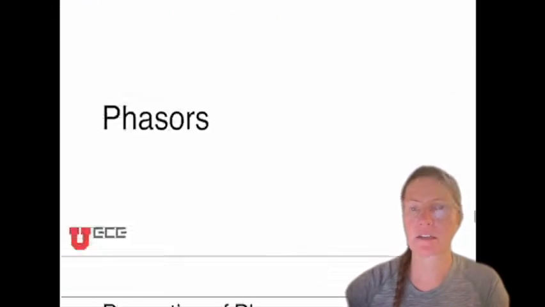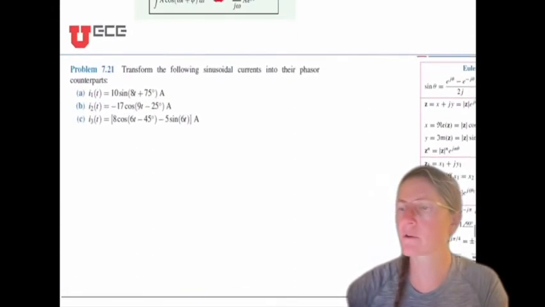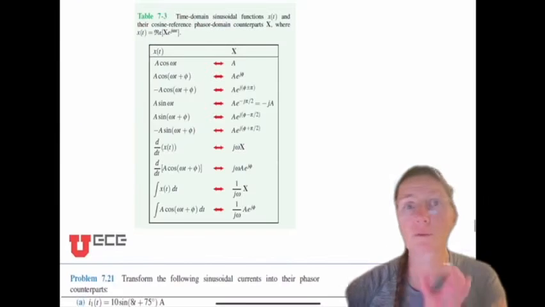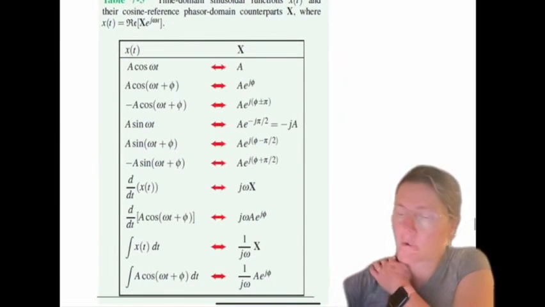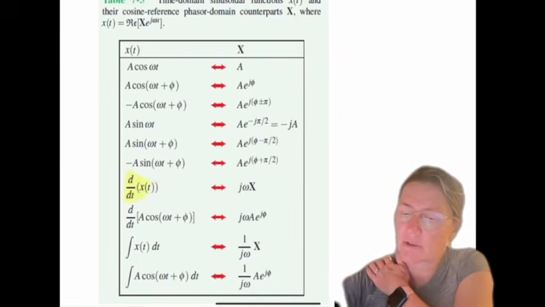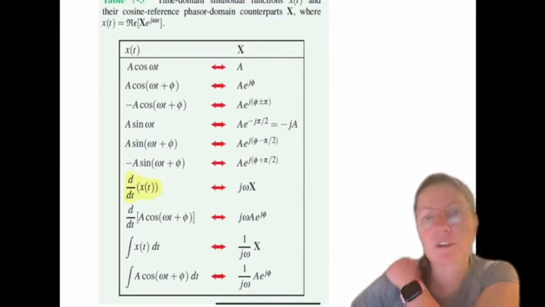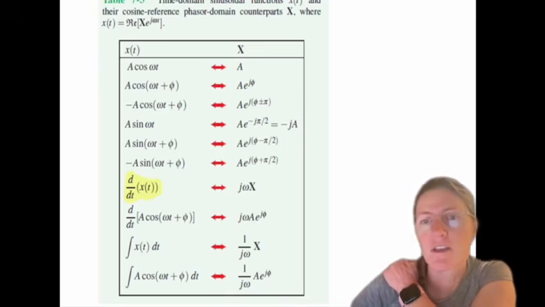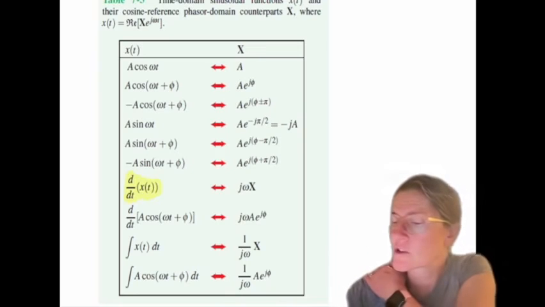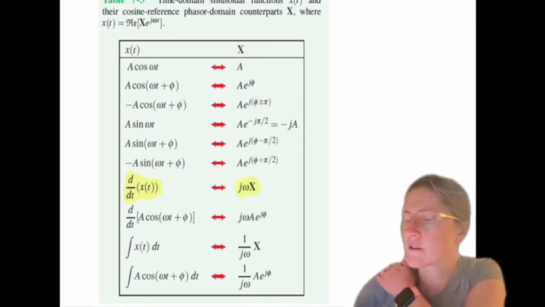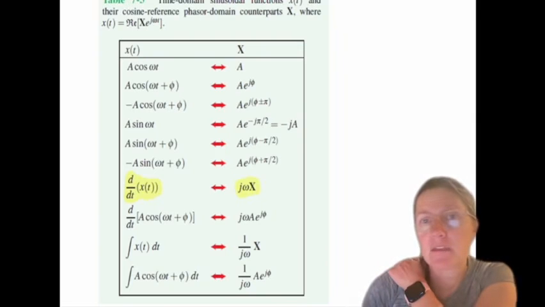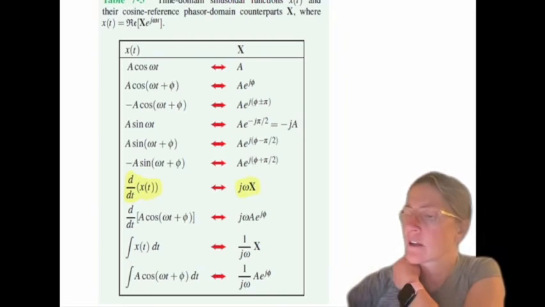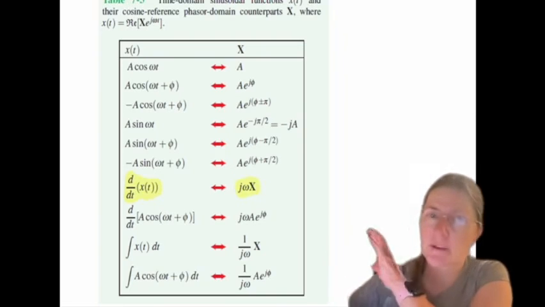All right, the next example, just a brief comment I wanted to go over was looking at phasors. The nice thing is when we have a differential in the time domain, it goes into j omega times the function, and so that becomes the phasor form of that function in the frequency domain.